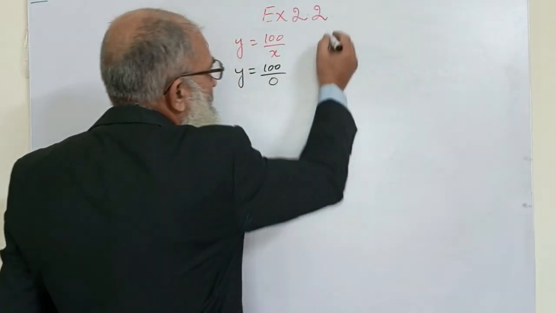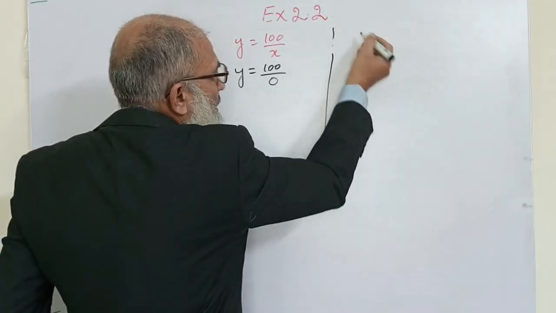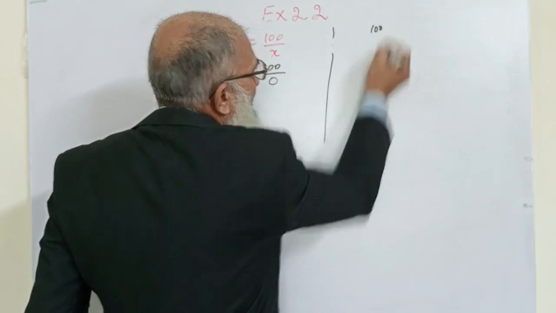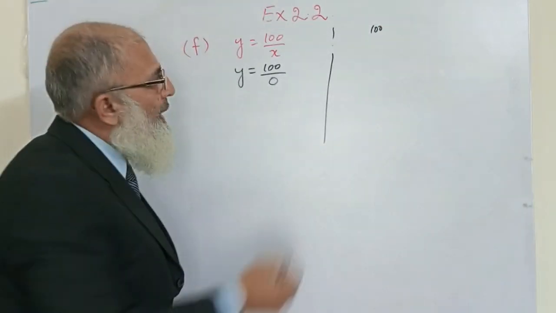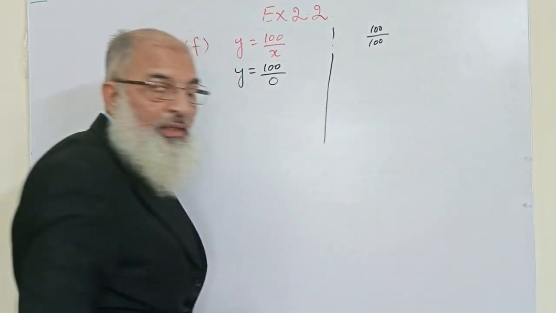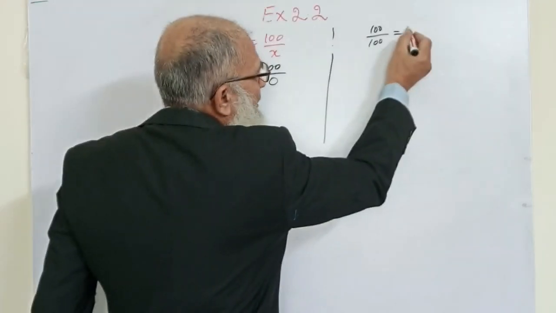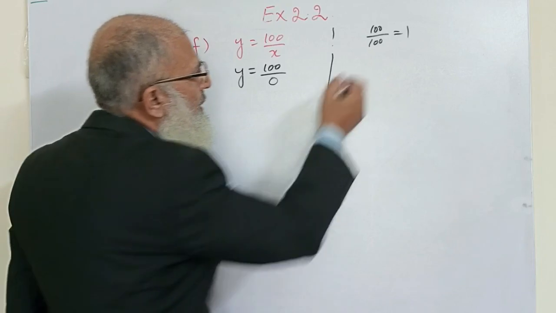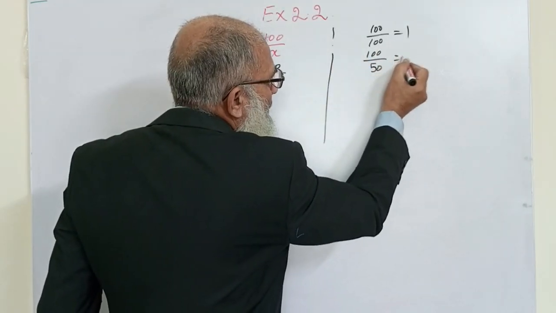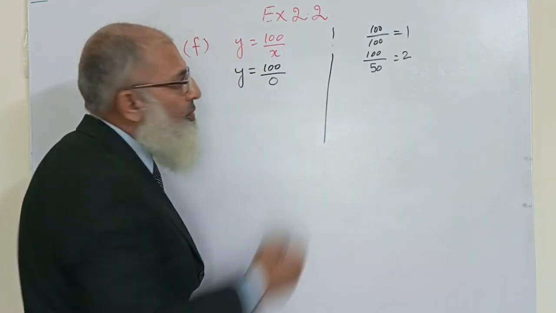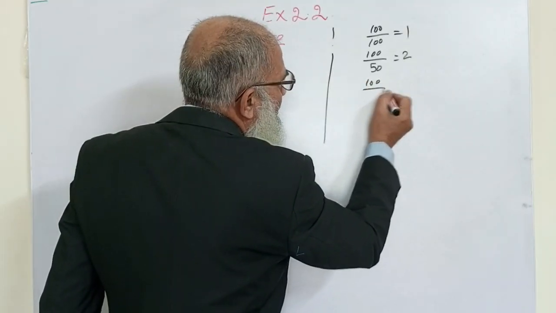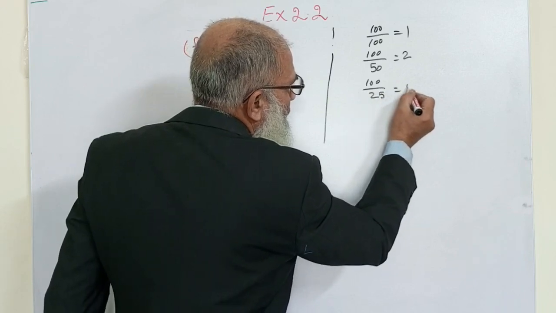you see, if I got 100 and I divided by 100, what is the outcome? That is equal to 1. Now you see what I am writing over here. 100 divided by 25 is 4.